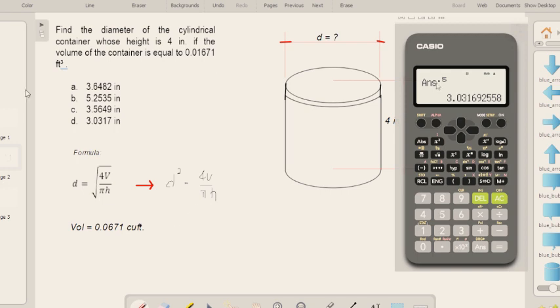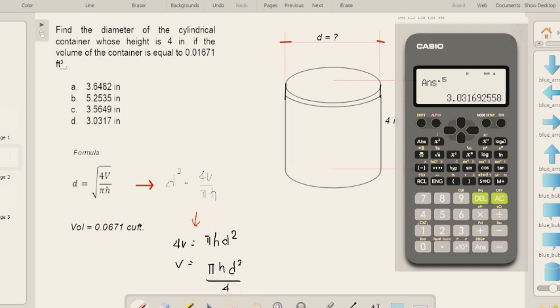So we have D squared, and on the right side you have 4V over pi H. And if you are going to get the value of V, you cross multiply, so you have 4V equals D squared multiplied by pi times H, or V is equal to pi H D squared, all over 4. So this is actually where the formula came from.